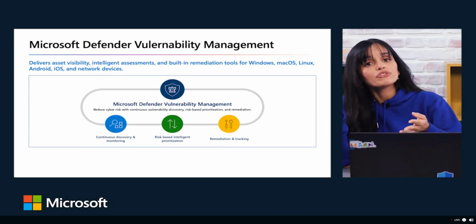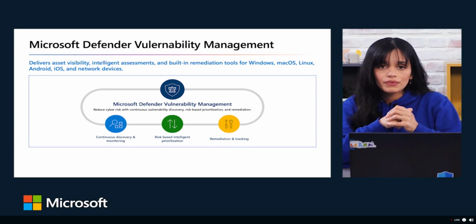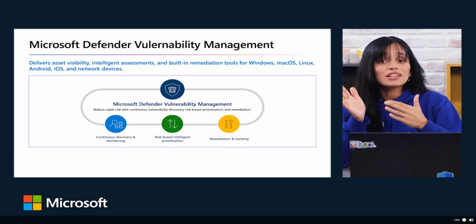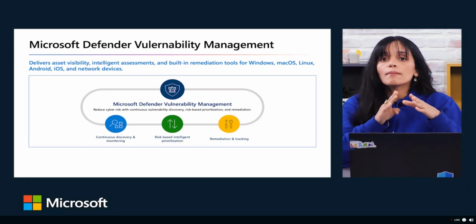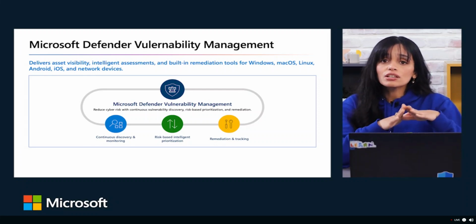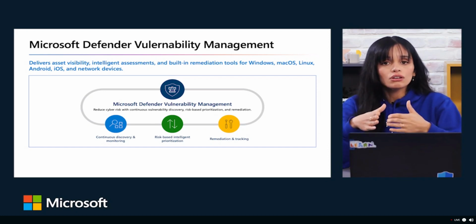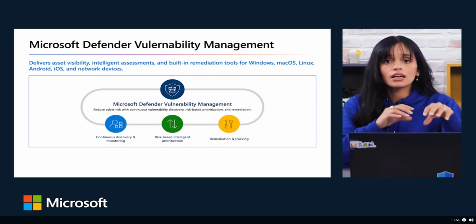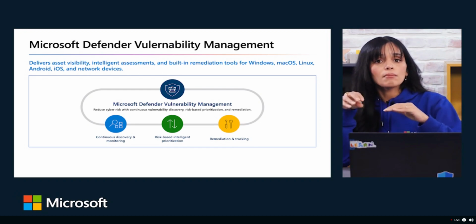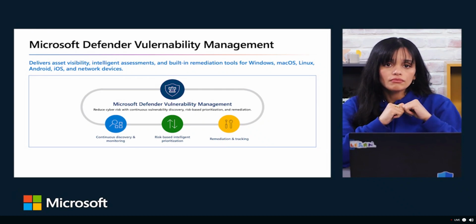Then we have risk-based intelligent prioritization. It focuses on emerging threats to align the prioritization of security recommendations with vulnerabilities currently being exploited in the wild and emerging threats that pose the highest risk.